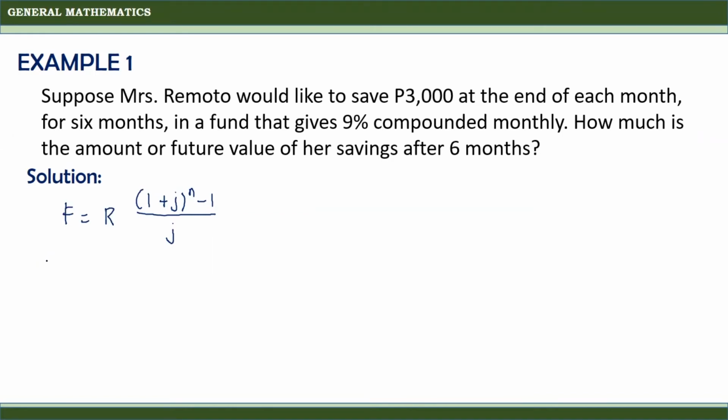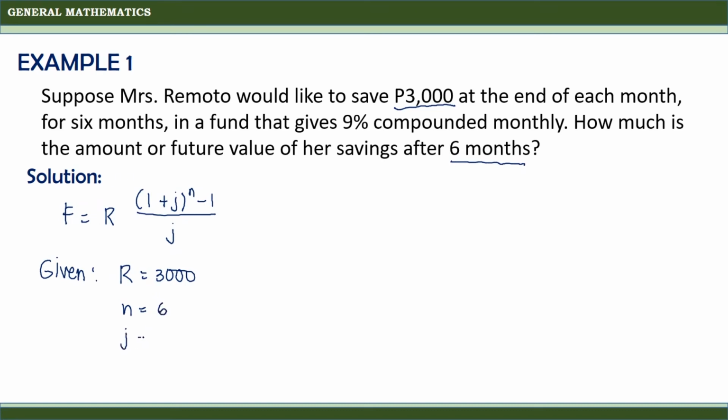Next, let us now write down all the given based on our problem. The regular payment of Mrs. Remoto is amounting to 3,000 pesos. Therefore, R is equal to 3,000. N, which is the number of payments according to the problem, is 6 months. Therefore, N is equal to 6.